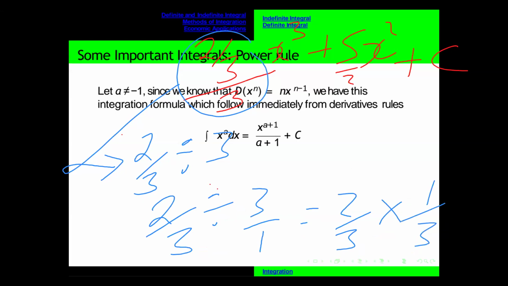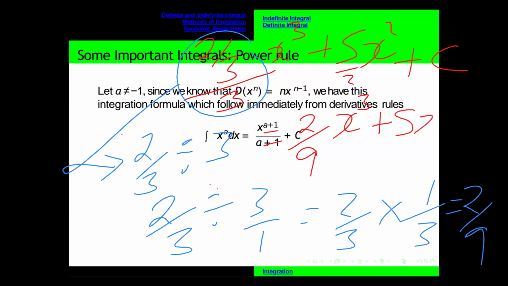This gives us 2 over 9. So this will be equal to 2 over 9 x cubed plus 5 x squared over 2 plus c.